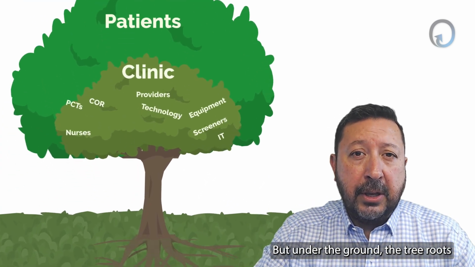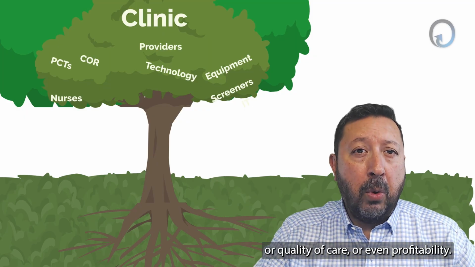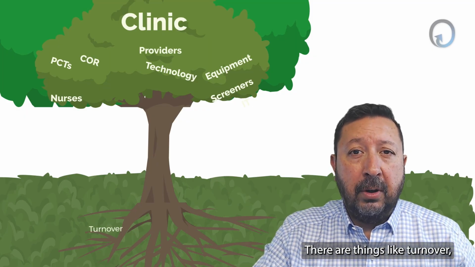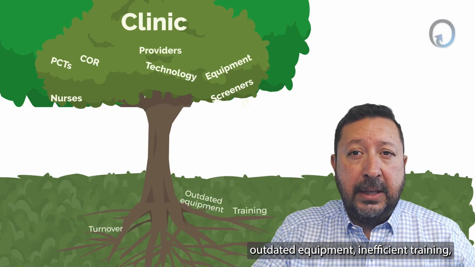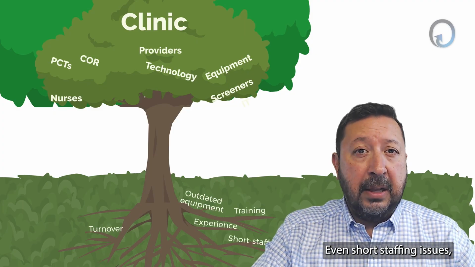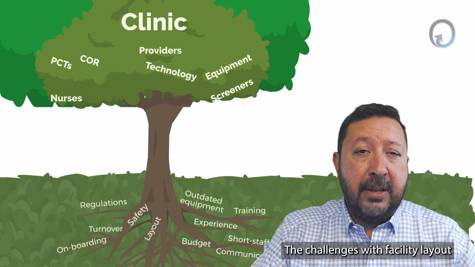But under the ground, the tree roots reveal non-conforming issues preventing patient flow or quality of care or even profitability. There are things like turnover, outdated equipment, inefficient training, or inexperienced staff, even short staffing issues, lack of effective communication, the challenges with the facility layout, and so on.